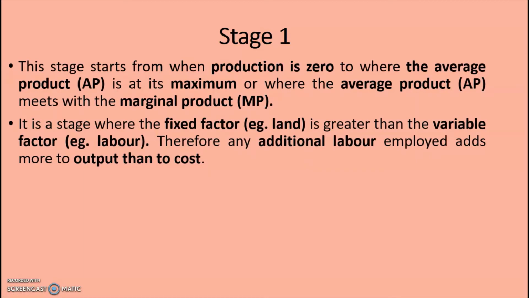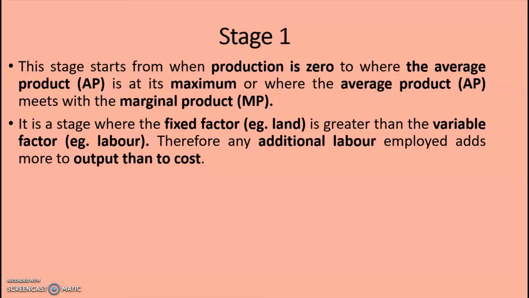Now with stage 1, that is where the fixed factor is more than the variable factor. So the fixed factor, for example land, is more than the variable factor, which is labor. Therefore, any additional labor employed adds more to output than to cost. All that we are saying is that with stage 1, it will be uneconomical for a producer to stop production.